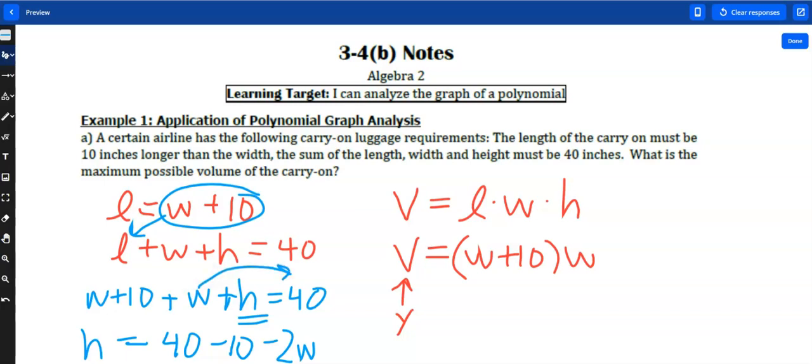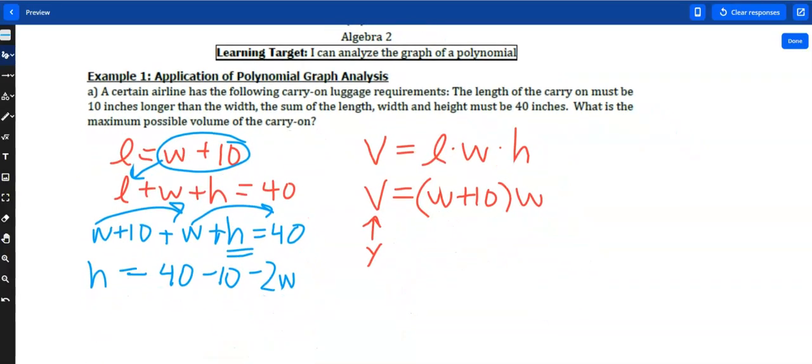Because you're taking both of the W's over to the other side. So that means that H equals negative 2W plus 30. Now, yes, I know we can say 30 minus 2W if we wanted to, but I'm not going to. So negative 2W plus 30.